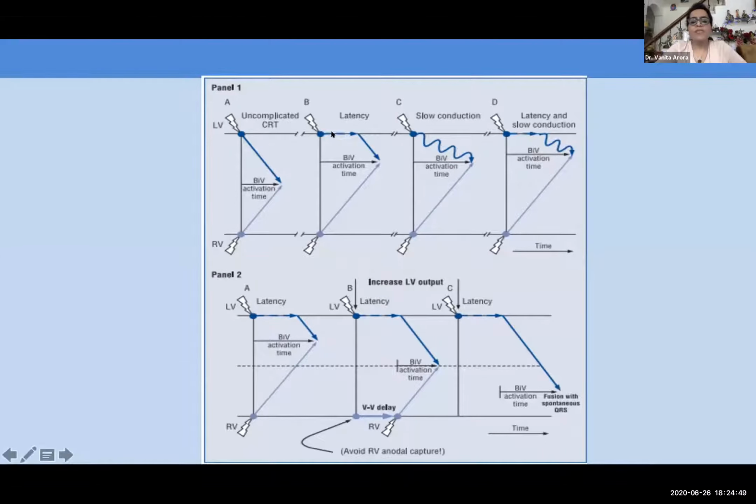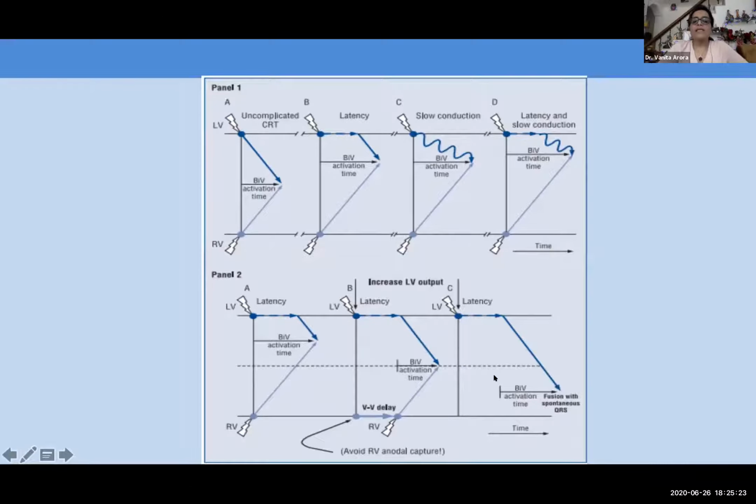So if there is latency, or there is slow conduction because of scar, in both of these situations, when we pace, the biventricular activation actually occurs from the RV. The depolarization starts from the RV, and that is the stronger vector than the LV. This needs to be taken care of. How can we take care of it? We do it by playing with the VV delay. If we pace the LV first, it takes care of the latency, and the biventricular activation time improves.